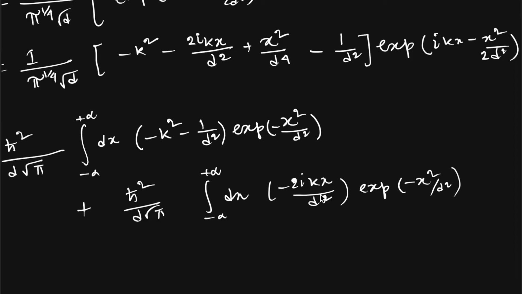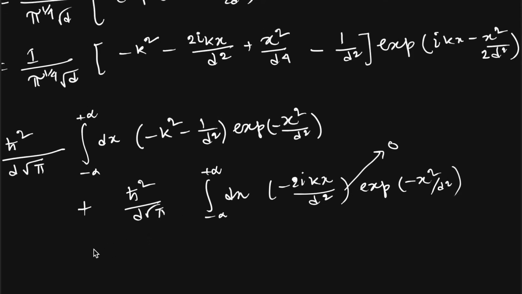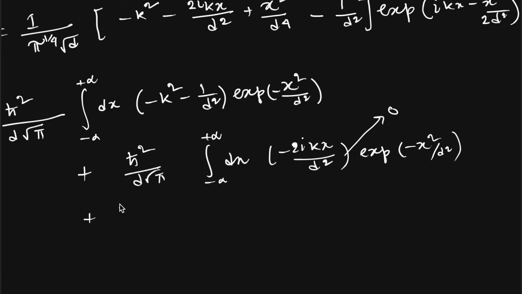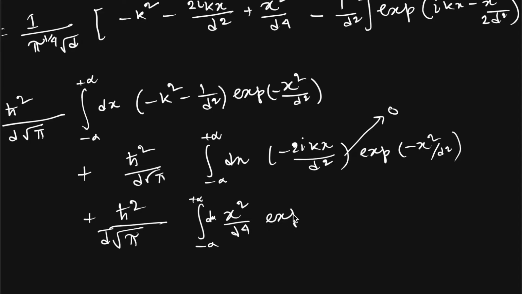This will be 0 again, since it's an odd integral. And the last term will be plus h cut square by root pi d root pi, integral from minus infinity to plus infinity x square by d to the power 4, exponential minus x square by d square.